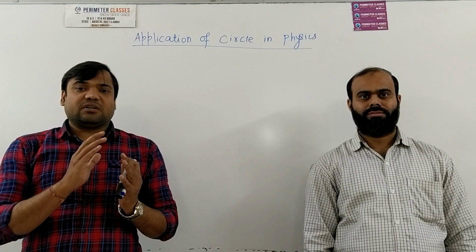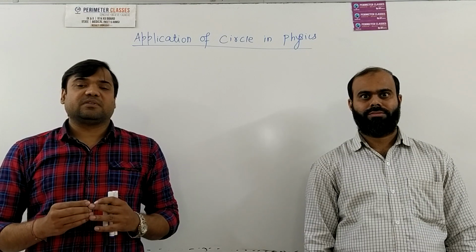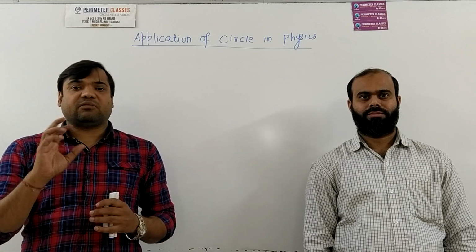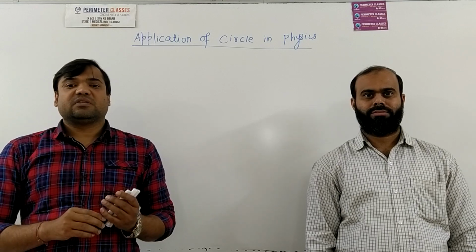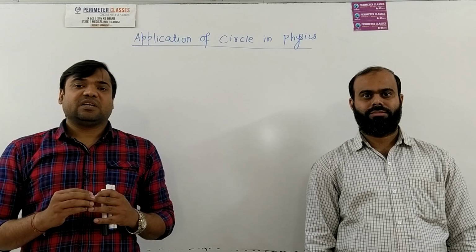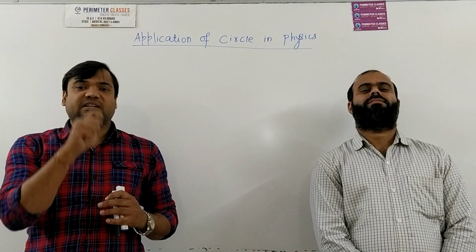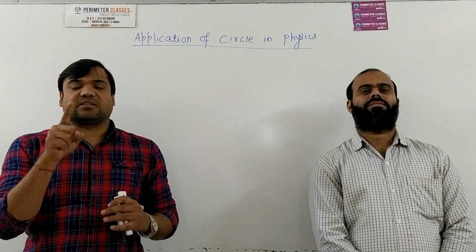Now the application of circles is very common in our daily routine life. You can see that the minute hand, second hand or the hour hand of our watch is completing a circle. The motion of the earth around the sun can be considered approximately as a circular motion. If a string is fixed with a stone and I rotate that string, then the stone is covering its path as a circular path.